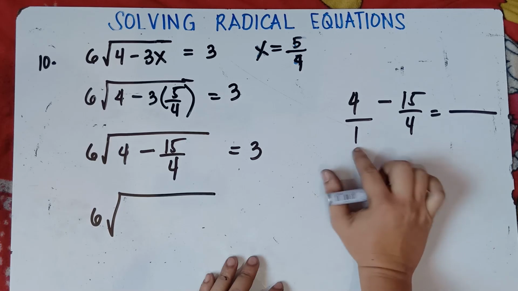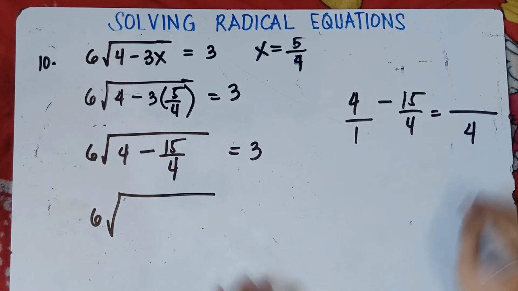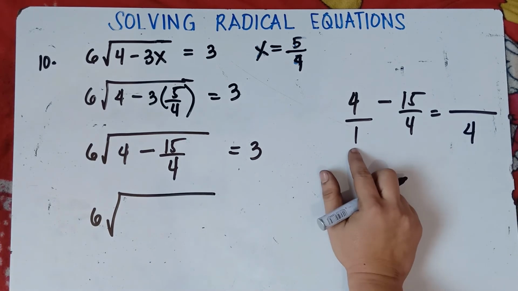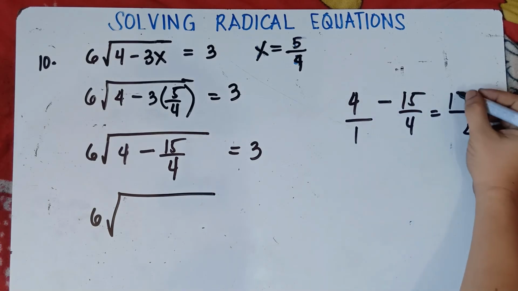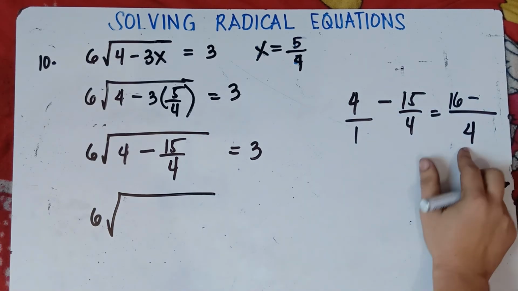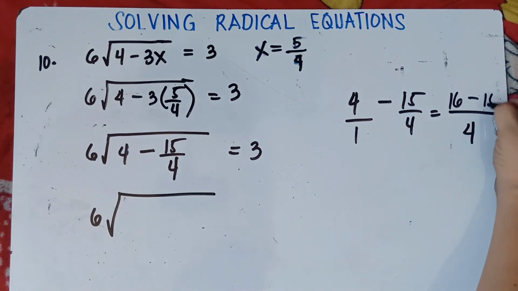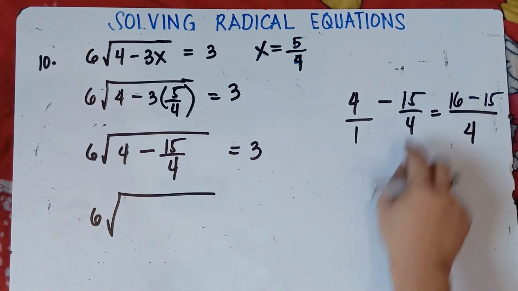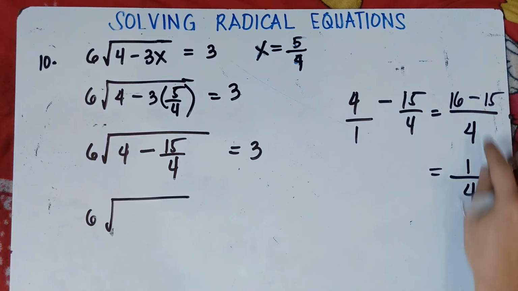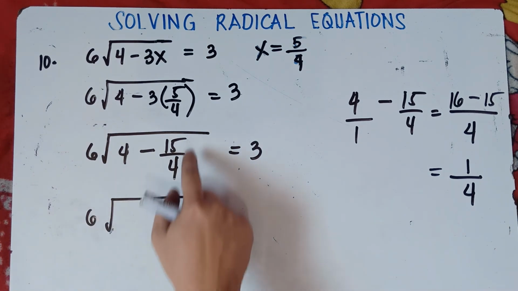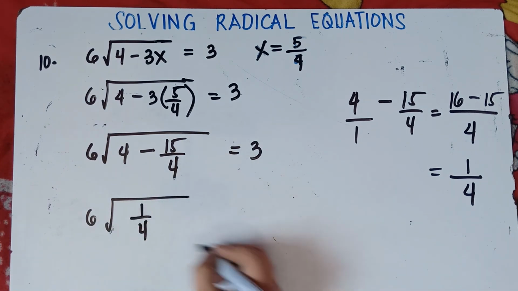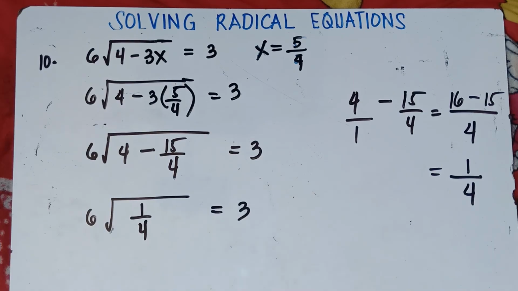So you find the LCD is 4. So 4 divided by 1 is 4, times 4 is 16, minus 4 divided by 4 is 1, times 15, that's 15. So 16 minus 15, that is 1, then copy 4. So that would be 1/4. So 4 minus 15 over 4 would be 1/4, equals 3.